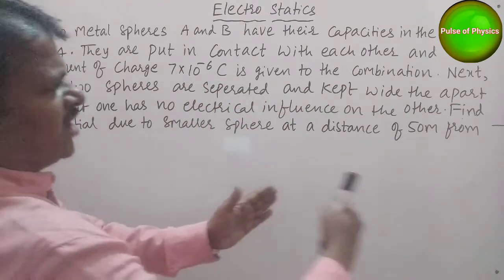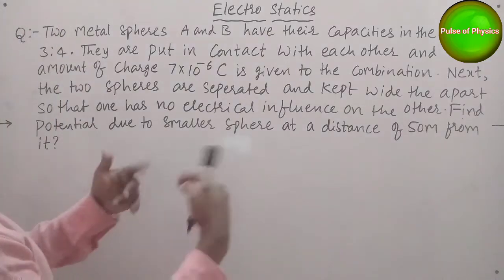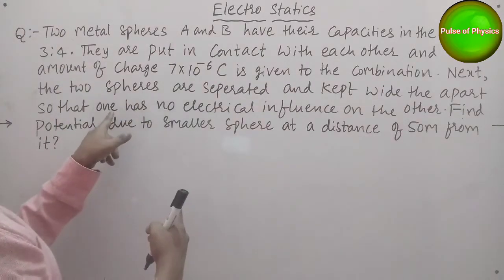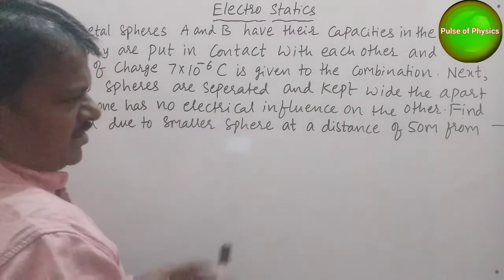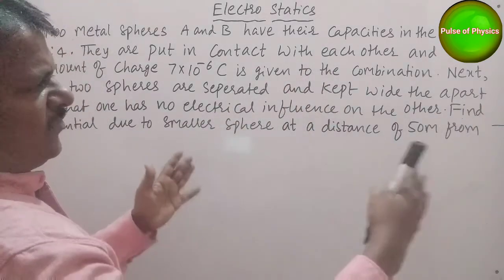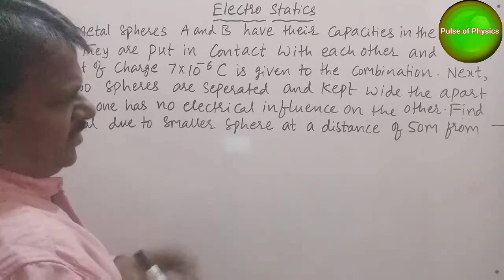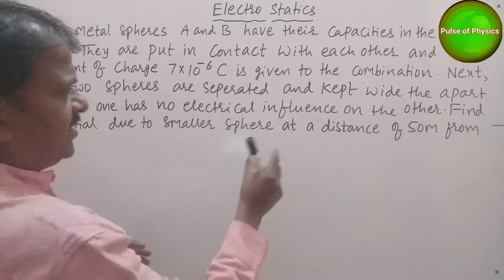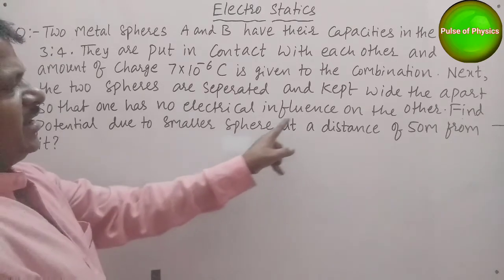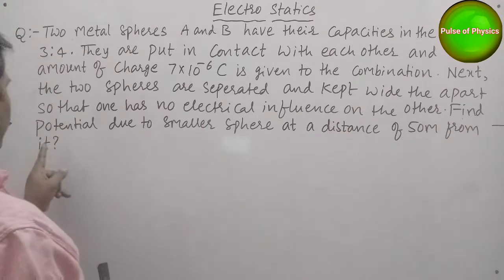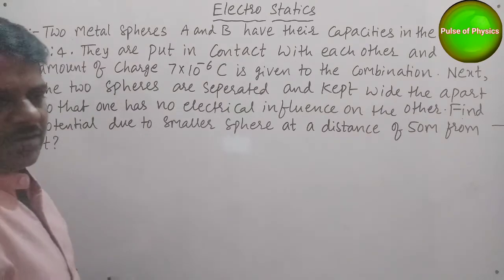After that, both are separated. Then what happens? One has no electrical influence on the other. There is no electrical influence, no force acts between them. At that time, find the potential due to the smaller sphere at a distance of 50 meters from it.